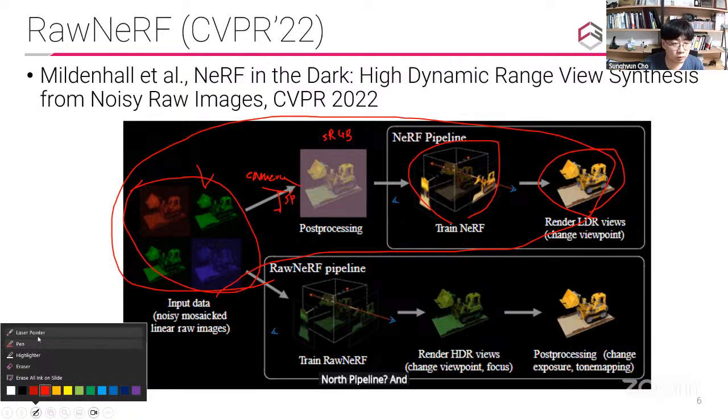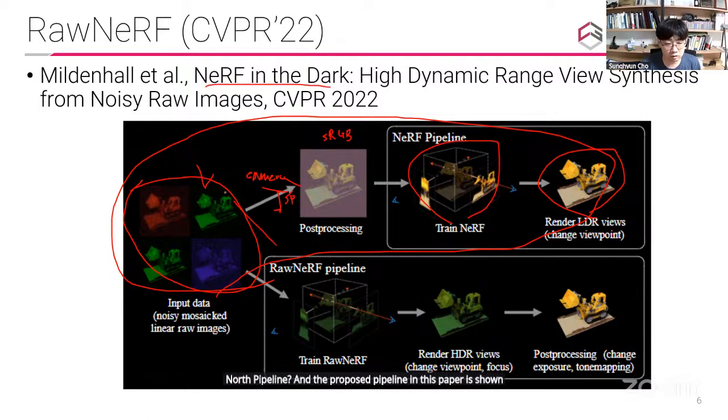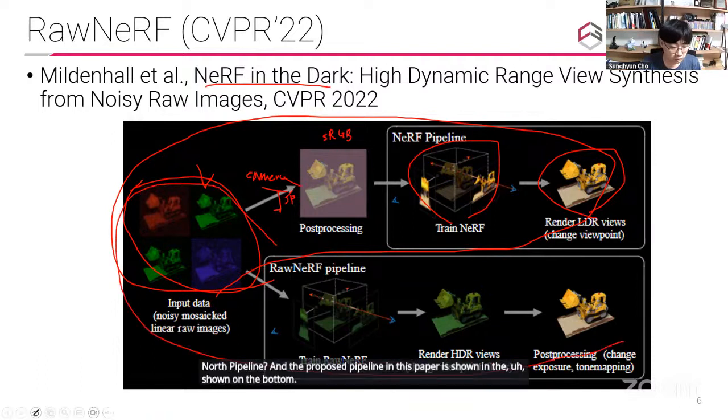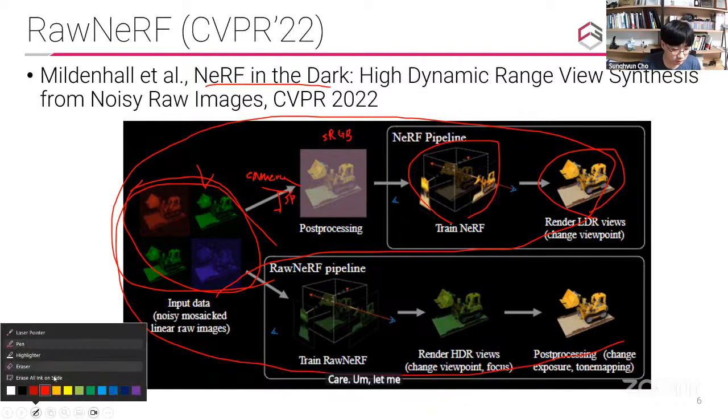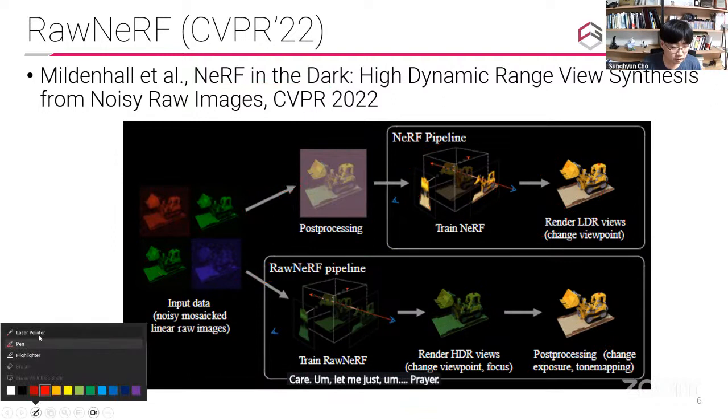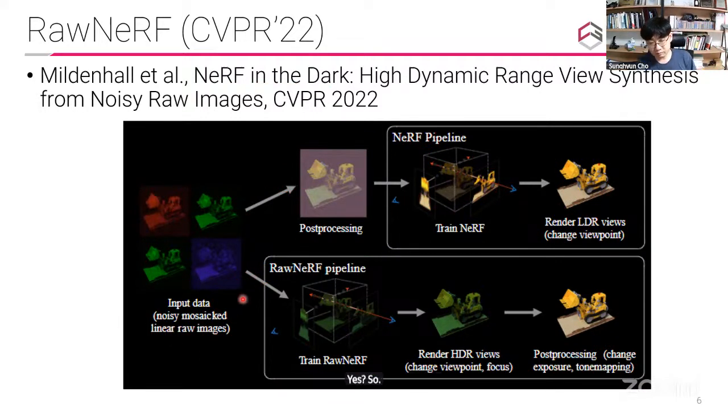And the proposed pipeline in this paper is shown on the bottom here. Instead of using sRGB images when reconstructing NeRF, the proposed system uses raw data as is.